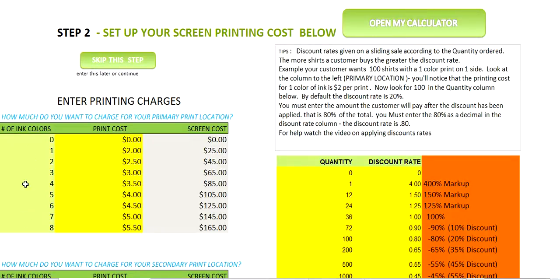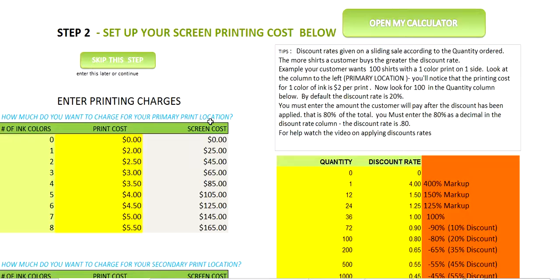In this column, you would enter the number of inks you want to charge for your primary print location. The primary print location is normally the print location that has the most colors of ink. So it's not always the front of the t-shirt, folks. It may be the back of the shirt. If the front of the shirt has one color and the back has two colors, you may want to set that up a little differently and put your primary location as the back.